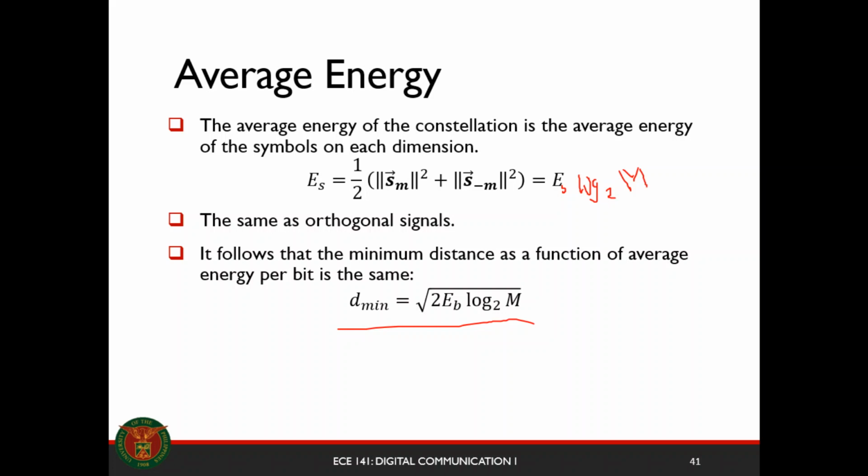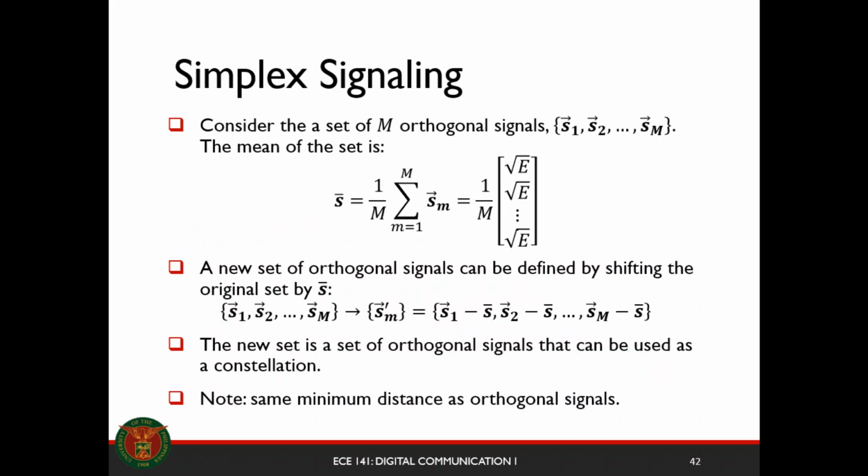All right. So another type of multidimensional signals is what we call simplex signaling. Consider a set of M orthogonal signals. We get the mean of the set, just the mean of all your orthogonal signals.